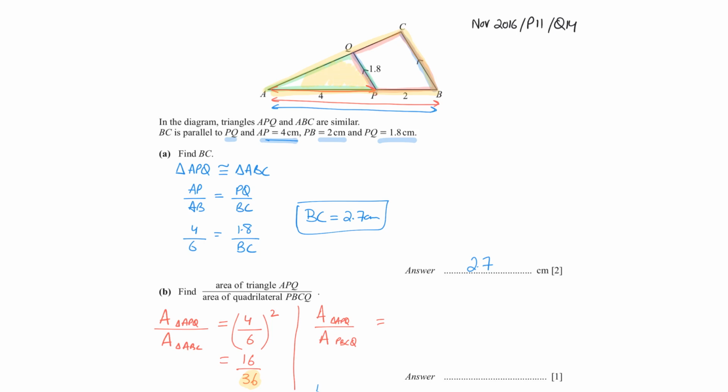So the remaining parts for this quadrilateral must be 36 minus 16, that is 20. So the ratio of the areas of the triangle APQ over the quadrilateral PBCQ would be 16 over 20. And if you simplify this, you get 4 over 5.